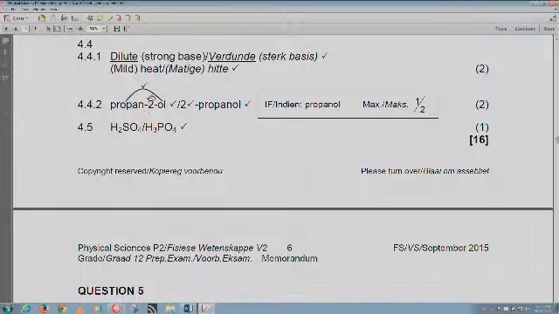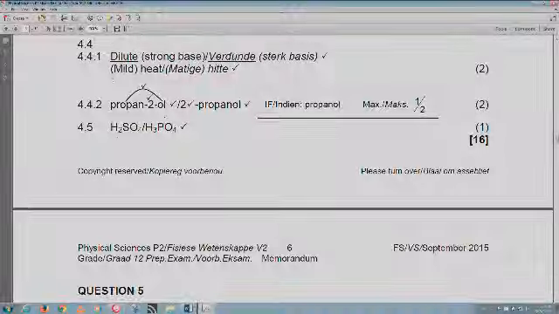Meaning, for you to be able to give the mark of the 2 there, which is the one of propan-2-ol, the propanol must be correct first. In other words, it must be an alcohol first for you to be able to give the 2 there. Let me make an example. If the learner says hexan-2-ol, because it is an alcohol, the learner will lose the mark for hexanol, but will get the mark for the 2 because it is an alcohol.